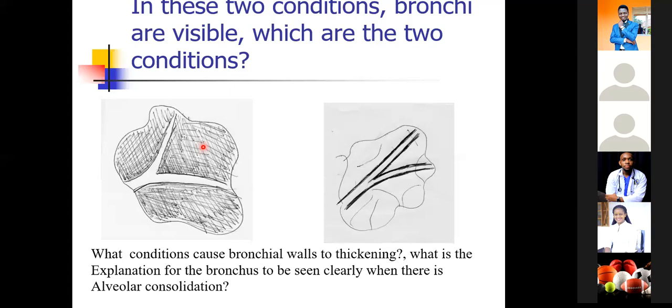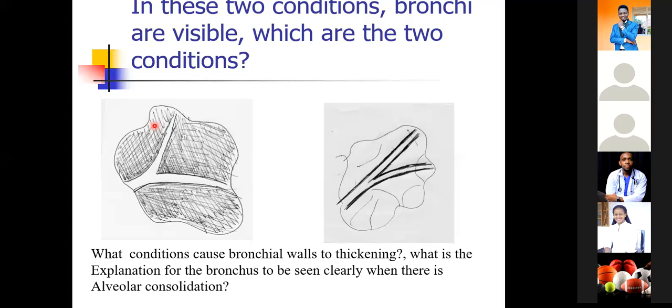We said the radiographic density of fluid is gray. We say the radiographic density of soft tissue is gray. So it means all these areas on our radiograph are going to appear gray.